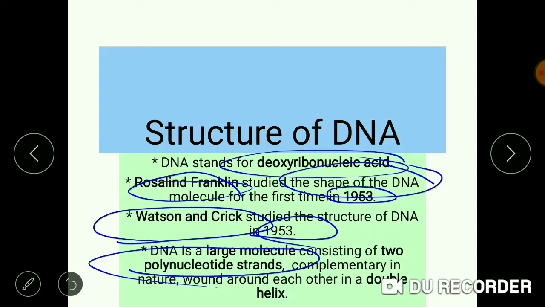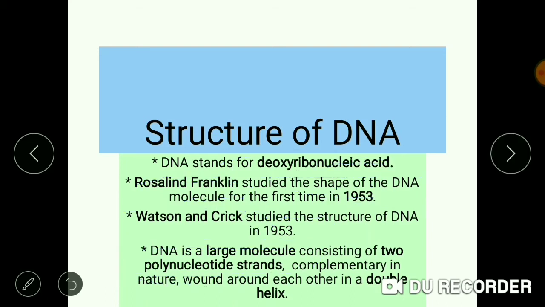The DNA is composed of two polynucleotide strands which are arranged in a helical manner in the form of a helix. So firstly we'll talk about what is this nucleotide, then we'll understand the meaning of this entire sentence. So let's see.